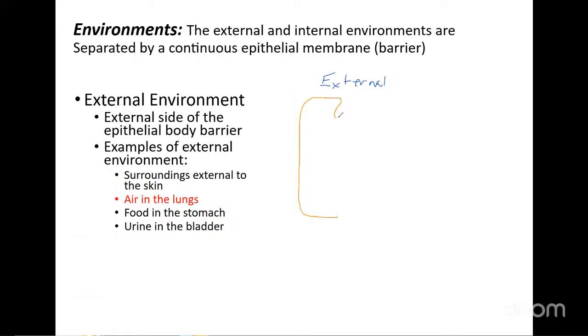But because your mouth is a hole, the air in your lungs still counts as part of the external environment, because we're not controlling that, right? We can't control the composition of the air in the room. The air in the room touches the air in our lungs, right? So we don't have a barrier protecting us from what might be in that air, right?